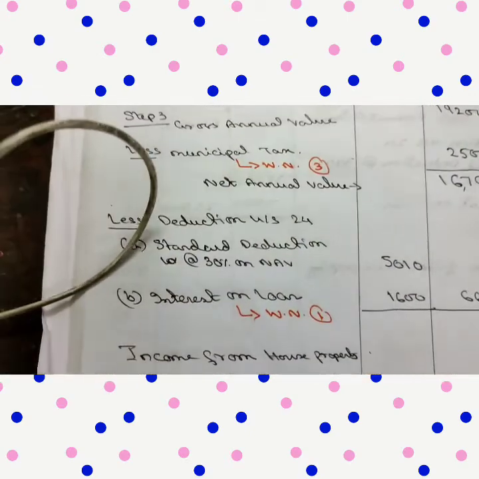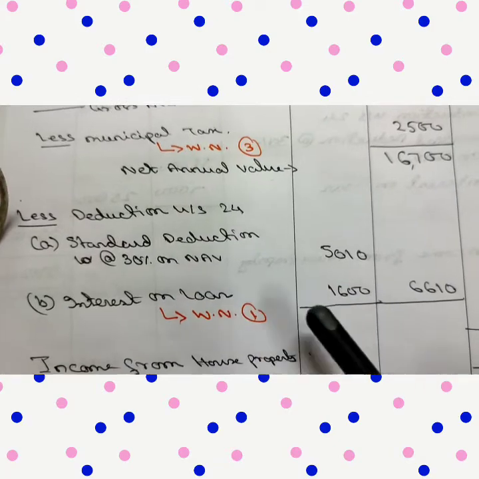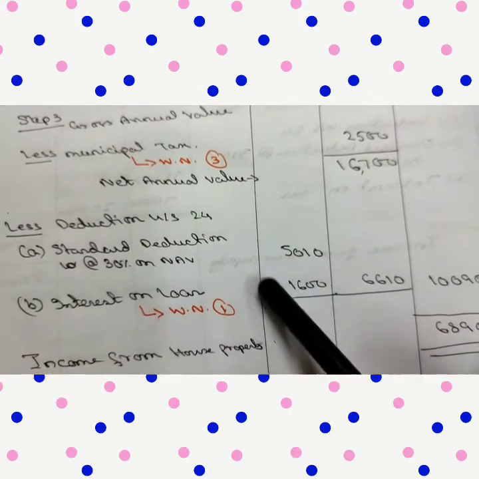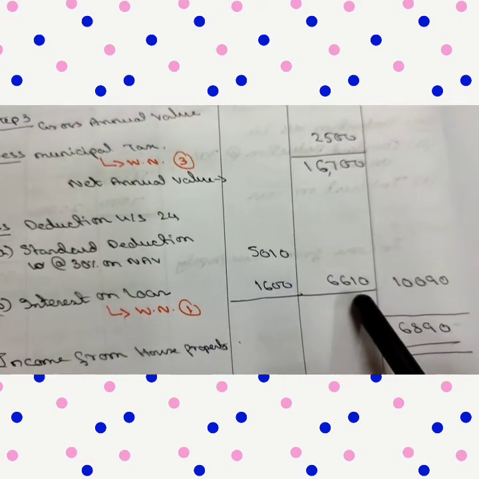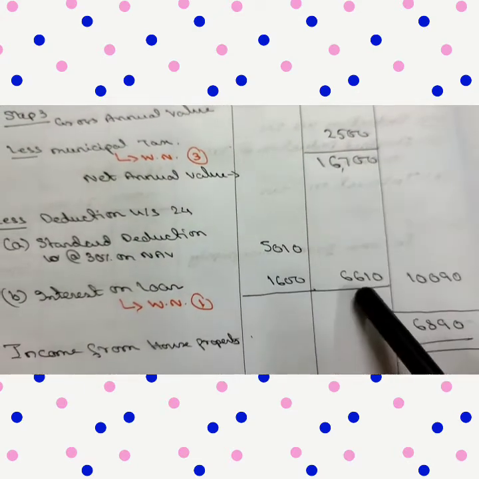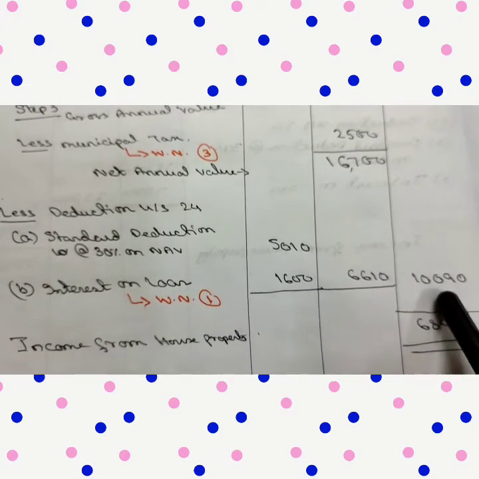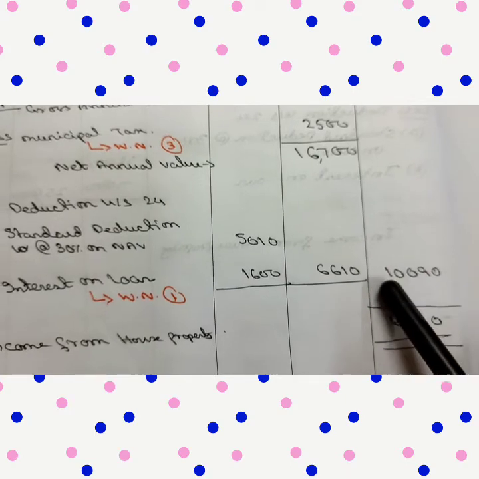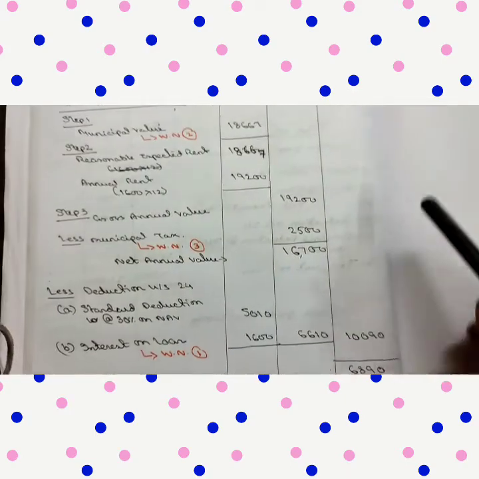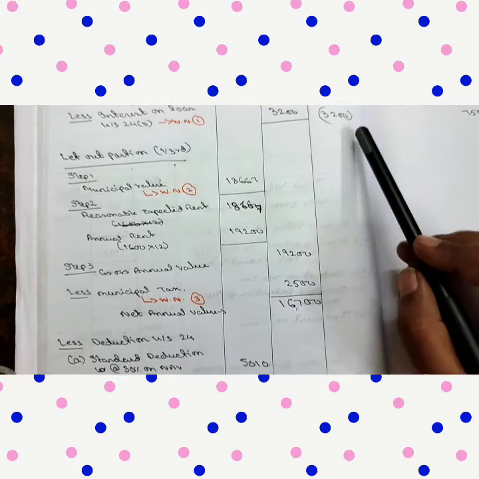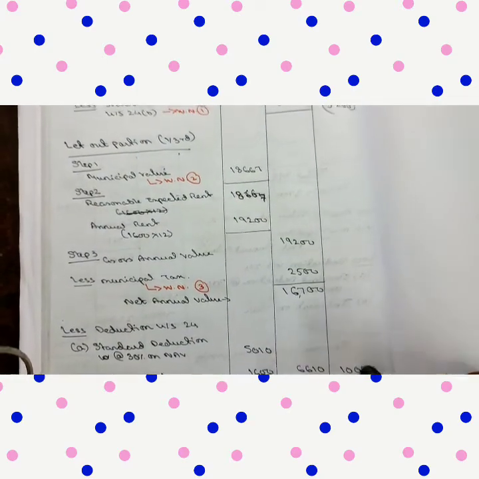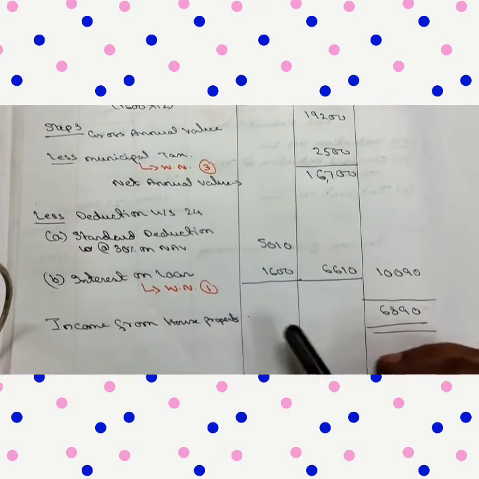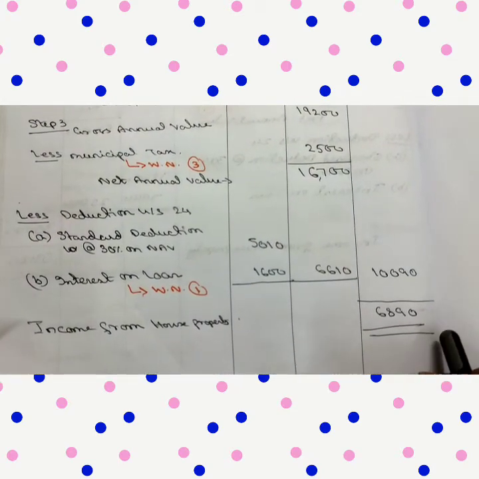So interest on loan is 1600. So total amount of deduction is the summation of these two deductions, 6,610. So actual amount of income from the second house is 10,090. So from the first house there is a loss, and from the second house there is a profit. After setting off this loss, income from house property will be 6,890.